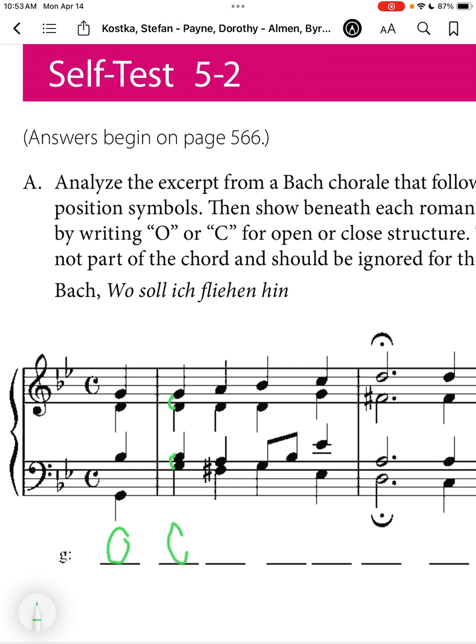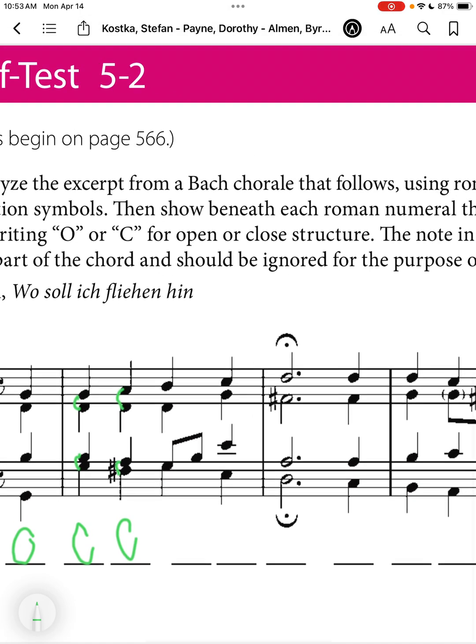So that is a closed position. This one looks like a fifth. Closed. For D and B, that's a sixth. Close again. For this one, that's open.